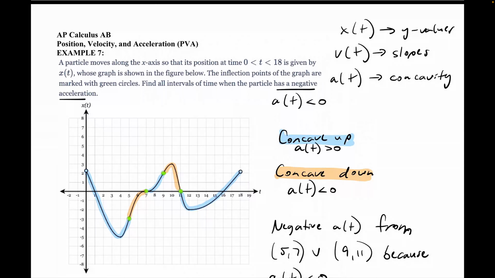It depends where you start. If you start at the top and you need to find acceleration, that's concavity. If you start at the top and you need to find velocity, that's slopes. If you start at velocity and need to find velocity, everything moves down. It shifts. It's like a sliding picture.